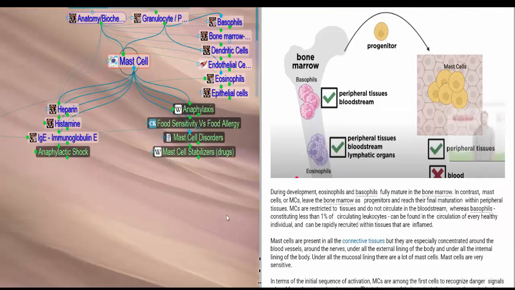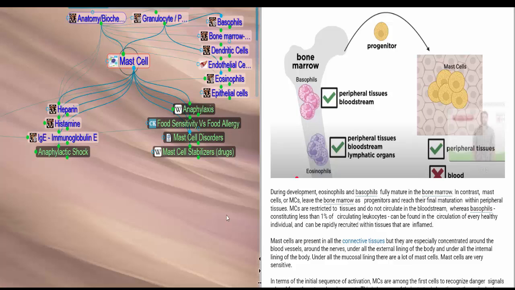Our mast cells play an important role in our immune system, but they're also troublemakers. They're extremely sensitive, and they're responsible for allergic reactions and even anaphylaxis. They get started in the bone marrow as a progenitor. They don't mature there. The progenitor is going to travel to our peripheral tissues.